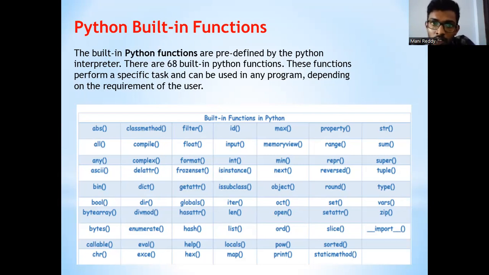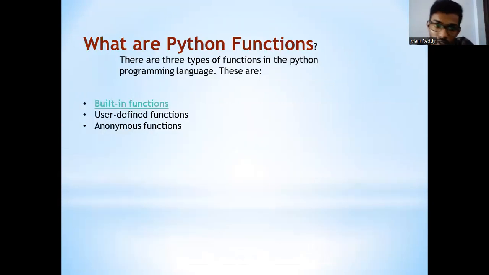How many functions are there in Python? Three. What are they? Built-in functions, user-defined functions, and anonymous functions. In this, how many built-in functions are there? 68 built-in functions are there.